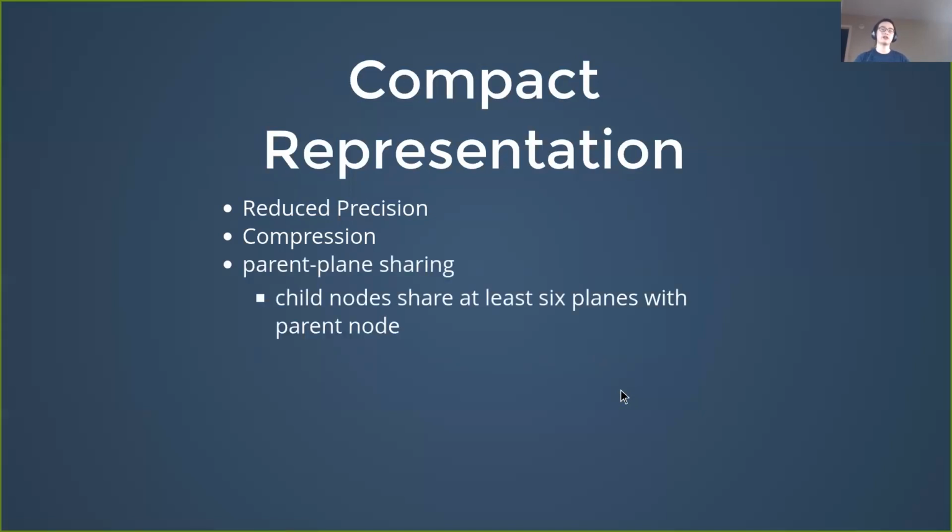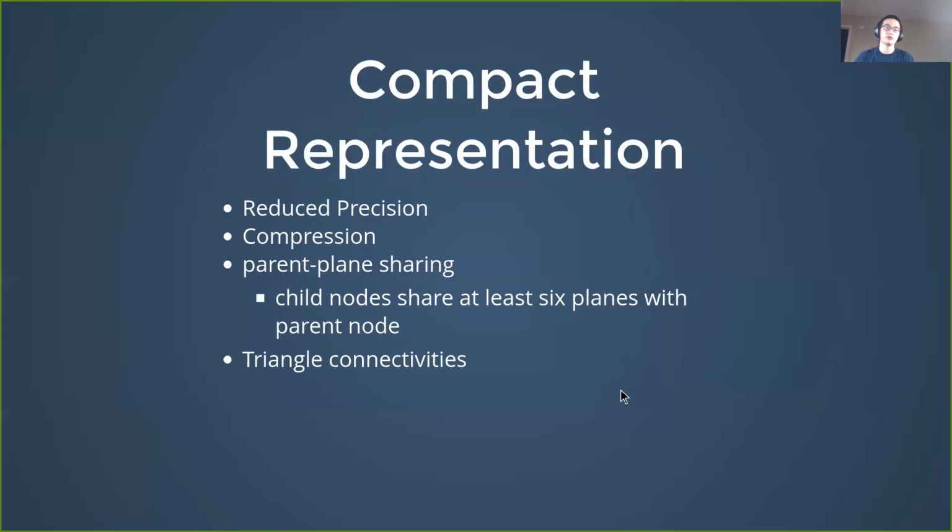We can have parent plane sharing, because child nodes share at least 6 planes with the parent node. So there is some data redundancy in the bounding boxes of the parent node and child node, and that can be used to have a more compact representation.